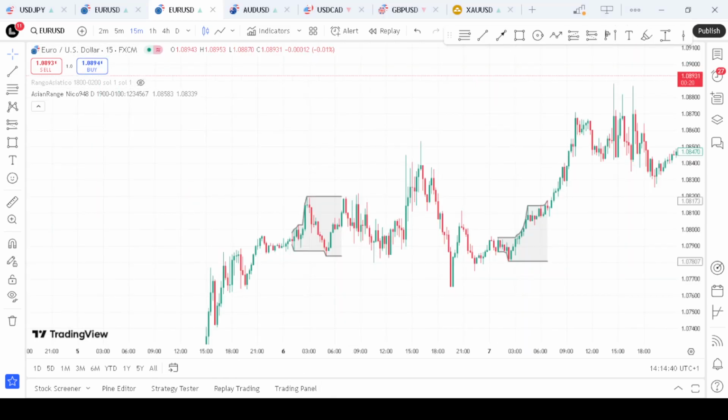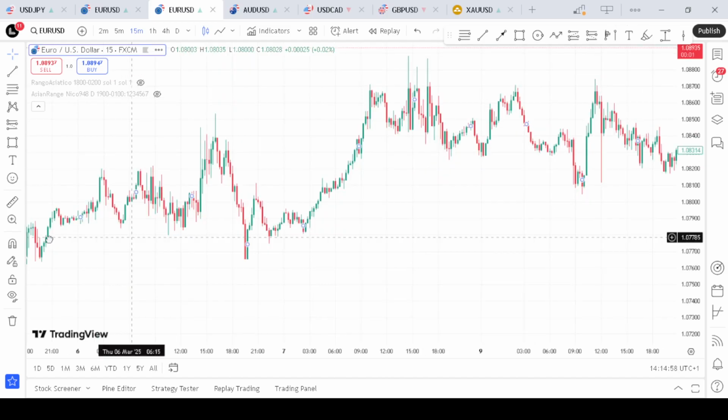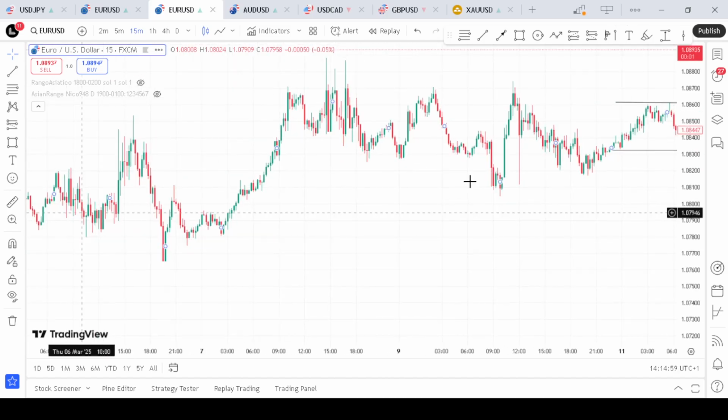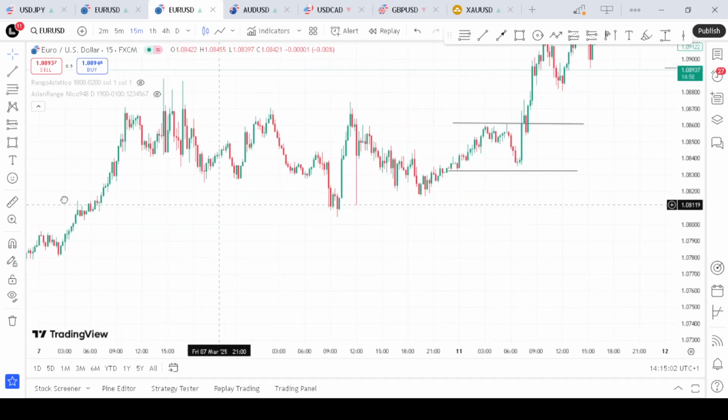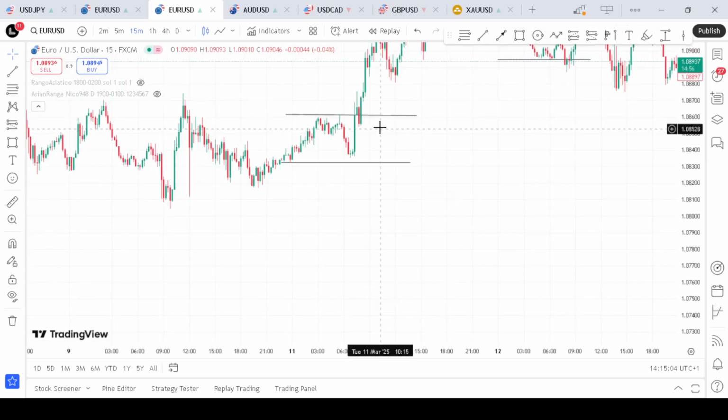As we can see from the chart, price first came to this area, this Asian high, swept the high before trading downward. So this is typically what the range, when used properly, would establish for us.